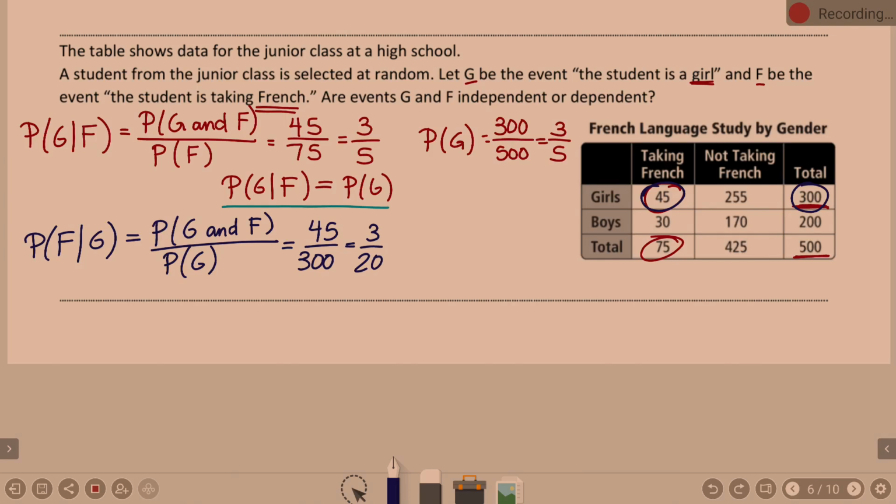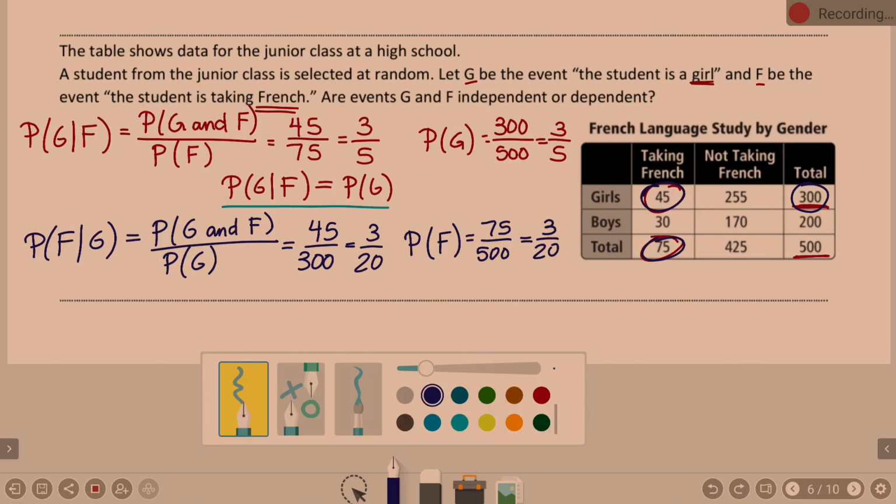What am I comparing this to real quick? The probability of a French student. How many students are taking French? 75 over 500. Divide by 25, you get 3 over 20. Guess what just happened?